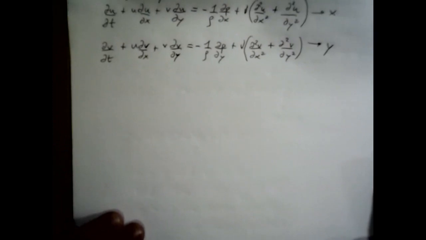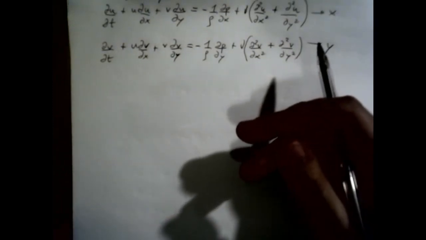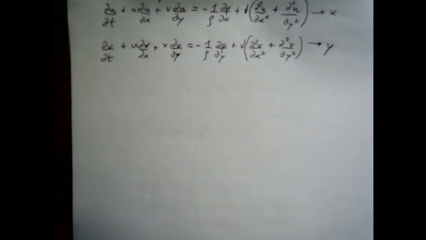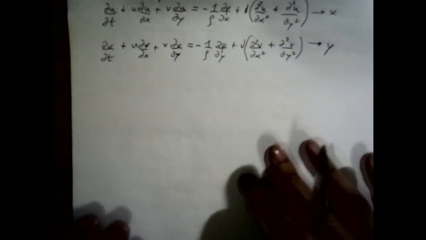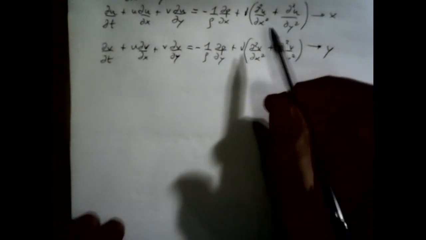Now what we're going to do is take the partial derivative of the first equation, which is this one here, with respect to x, and see what happens.